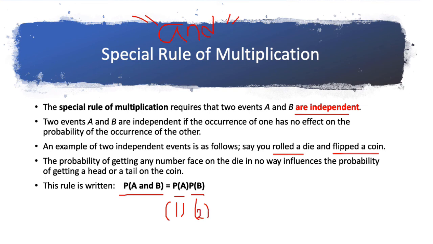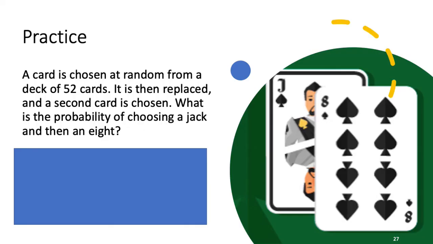Let's look at an example. A card is chosen at random from a deck of 52 cards. It is then replaced. So we take a card, then we replace it back in the deck, and then choose a second card. What is the probability of choosing a jack and then an 8? First, how many jacks are in the deck? The number of jacks in a deck is going to be 4 out of 52.